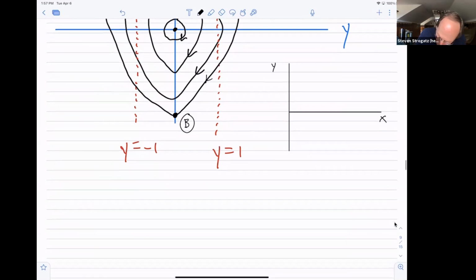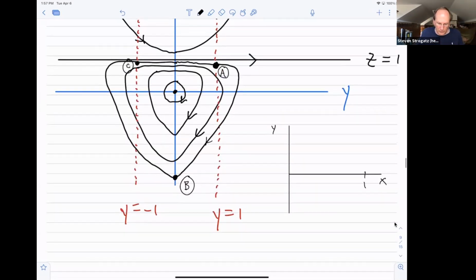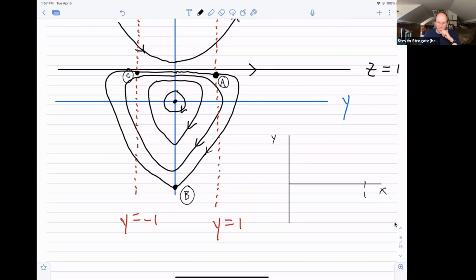And let's be interested in the place where x equals 1. All right, so what's our picture telling us? At A, well, we know we start at a y of 1. This is the point A, right here.